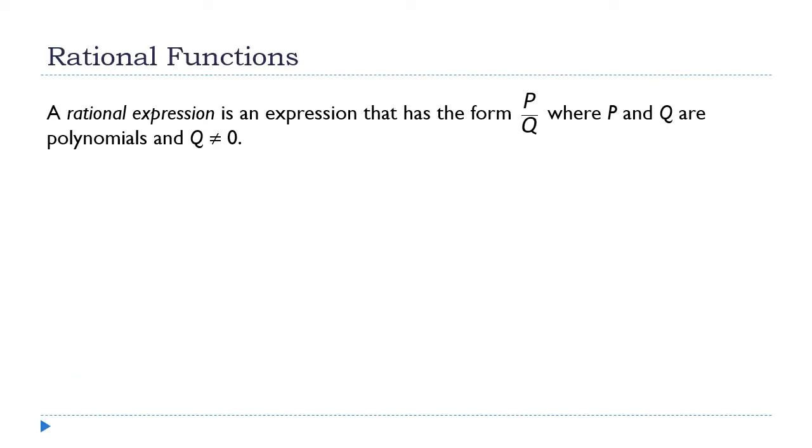So what I want to talk about in this lecture is similar to some of the concepts that we've talked about with polynomials. One thing we're going to talk about is we don't usually call it this when we're talking about rational expressions, but essentially it's end behavior, right? You remember when we were talking about polynomials, the end behavior was how the graph behaved, or how the function behaved, when the x values got either really big or really small, right?